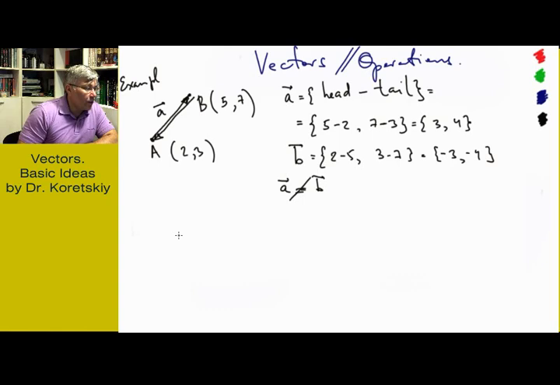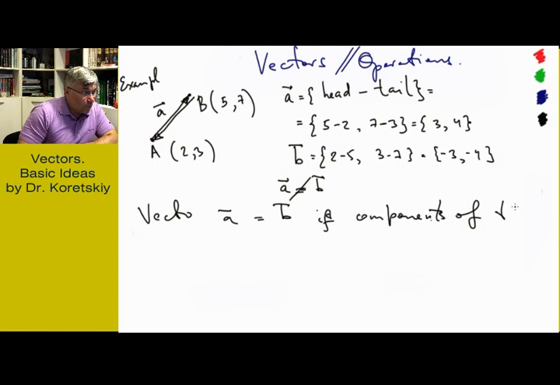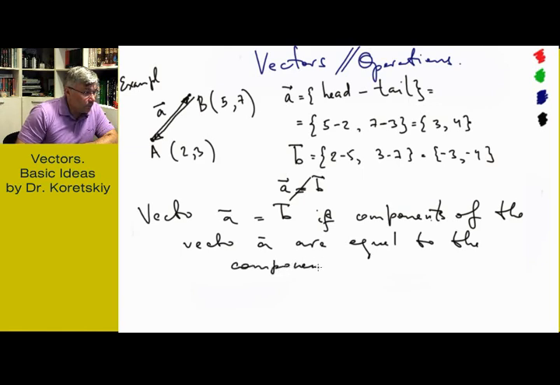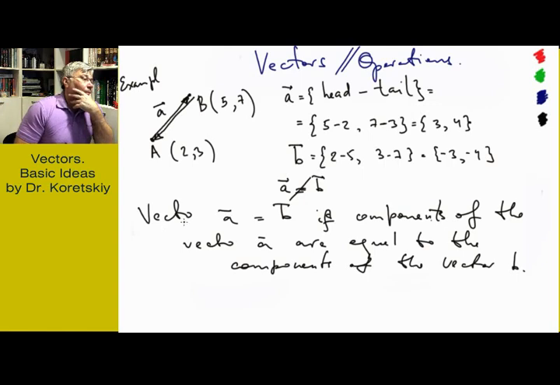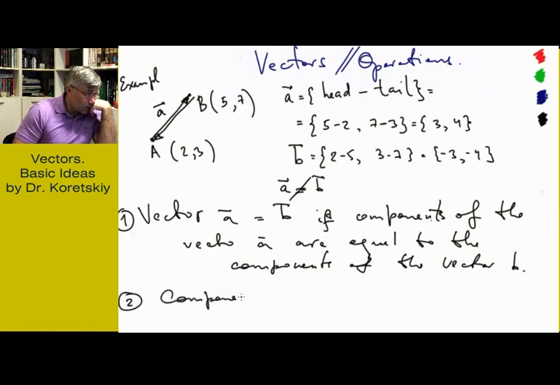And the generalization of this approach gives us this one thing, that vector A can be equal to B if components of the vector A are equal to the components of the vector B. This is the first conclusion here, and the second conclusion: components of the vector A can be defined according to this approach.